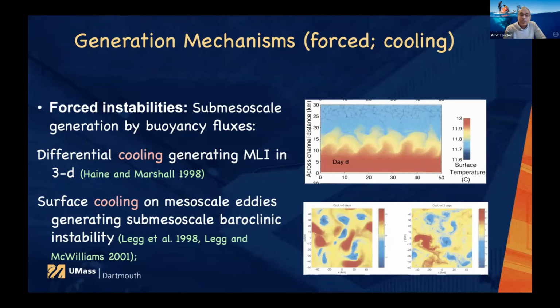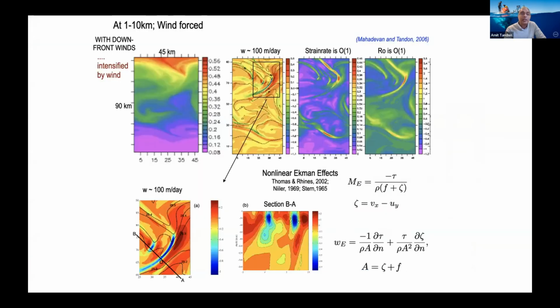You can have a mesoscale eddy field, as shown in the lower plot, and if you put surface cooling on top of that, you can again generate submesoscale baroclinic instabilities, very similar to the mechanisms we had before. So the mixed layer instabilities and the forcing can coexist. They can exist side by side. They can compete with each other.